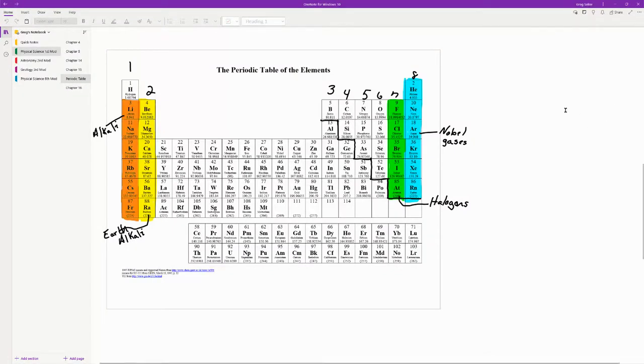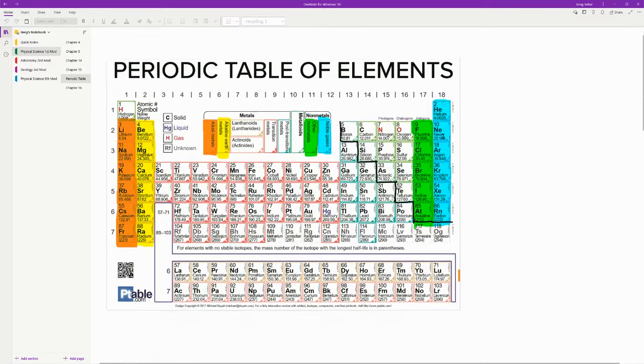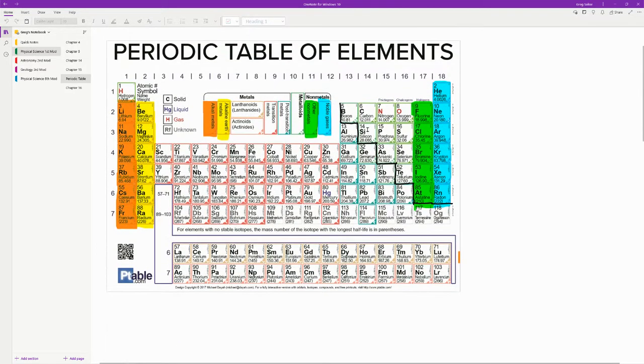These numbers right underneath are our mass numbers. Carbon is 12.011. Now, this atomic number up here in the corner, in a neutral atom, and you're going to hear me talk about neutral and balanced atoms coming up, there are 6 protons in carbon, 6 neutrons, and 6 electrons.